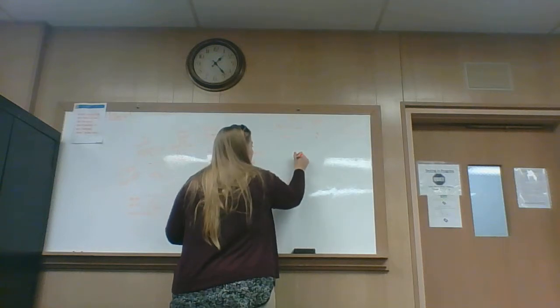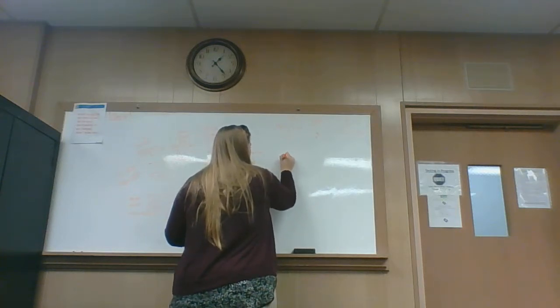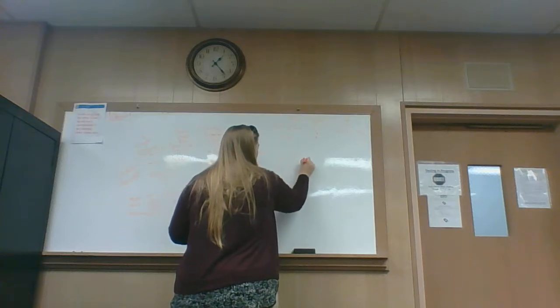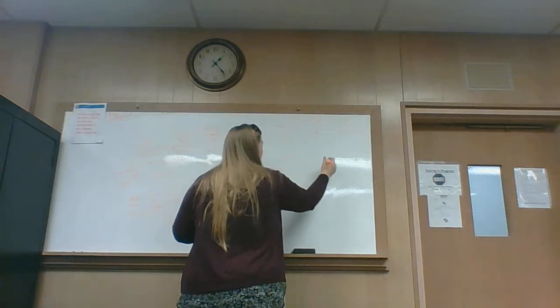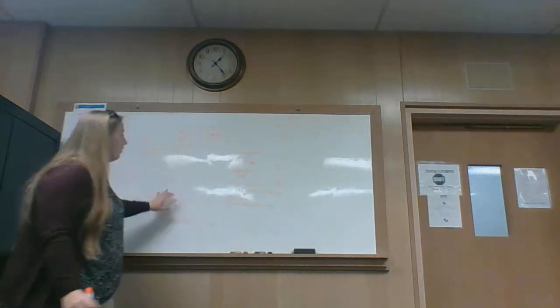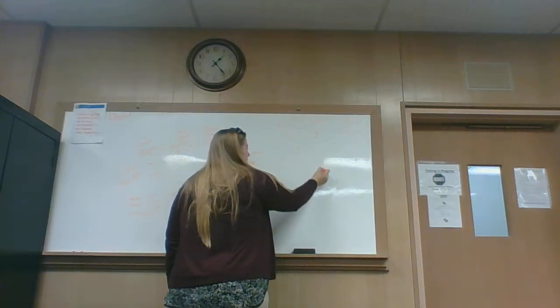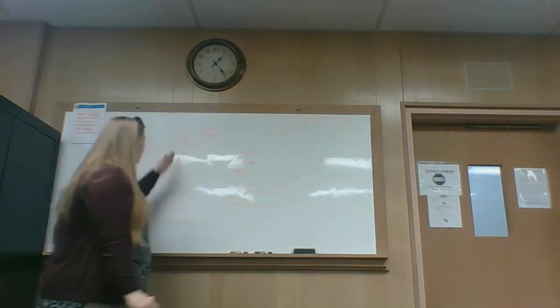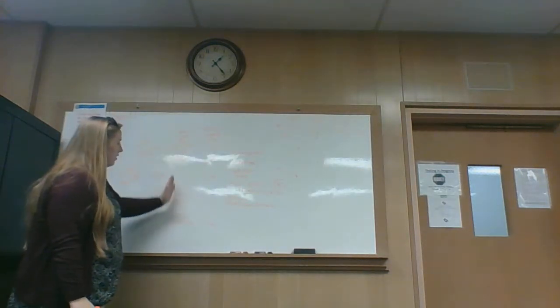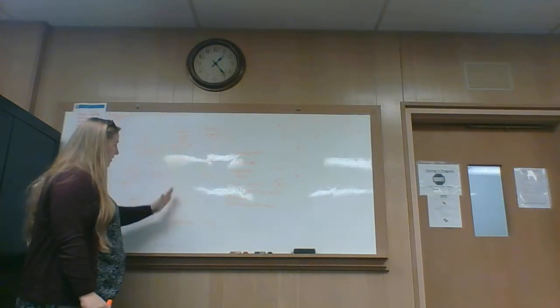For SN1 specifically, once we form this carbocation, okay, we're going to react with our nucleophile. Again, we are attacking the center carbon. For substitution reactions, you're attacking the center carbon for both instances.